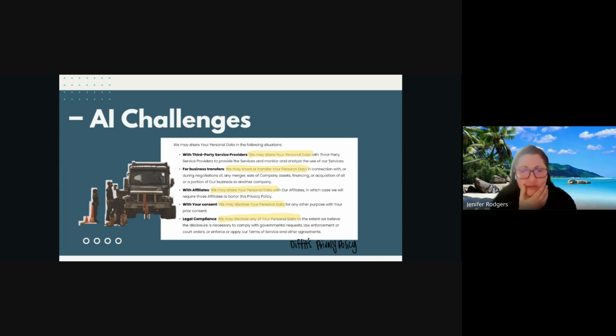So this second bullet here for business transfers: we may share or transfer your personal data in connection with or during negotiations of any merger, sale of company assets, financing, or acquisition of all or a portion of our business to another company. That's basically saying that while we might have created a secure connection with you now with your personal data, when somebody else buys it, that's not a guarantee, right?